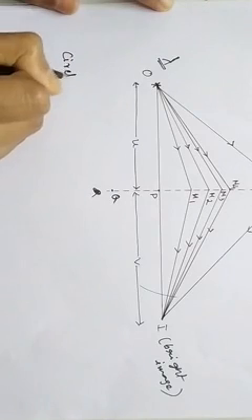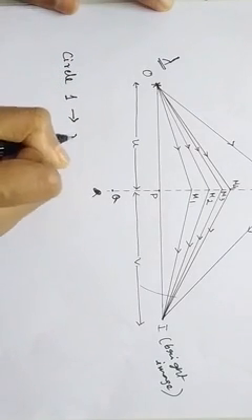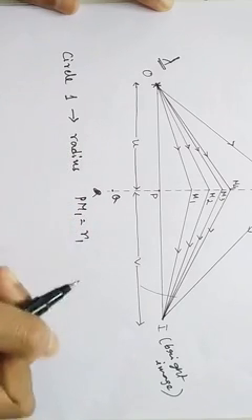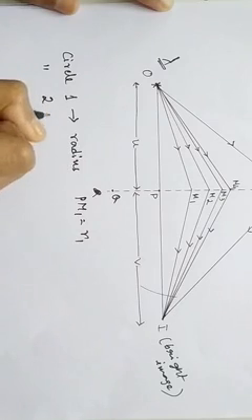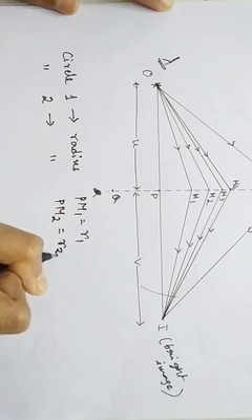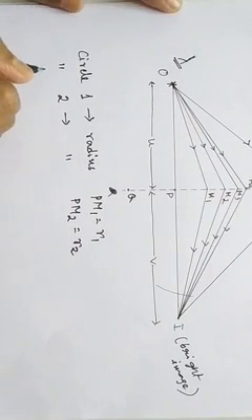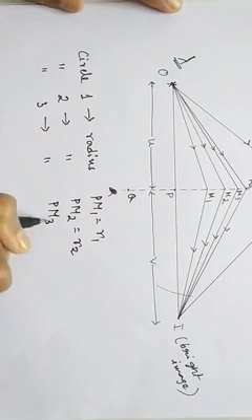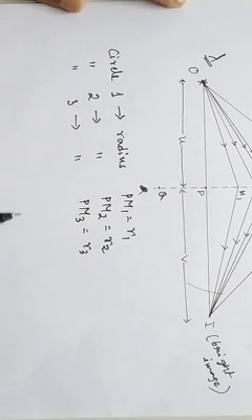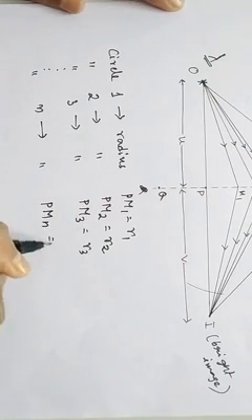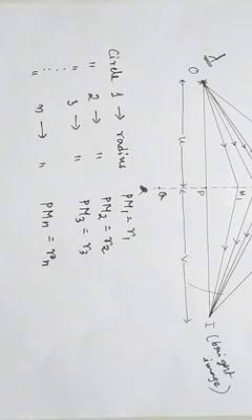So circle 1 has radius PM1, which is R1. Circle 2 has radius PM2, which equals R2. Circle 3 has radius PM3, which equals R3. In this way, the nth circle has radius PMn, which equals Rn.